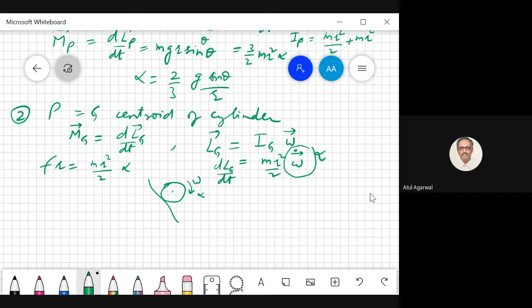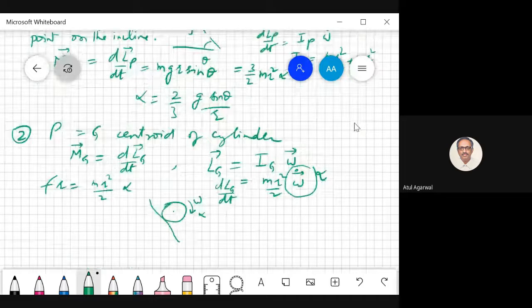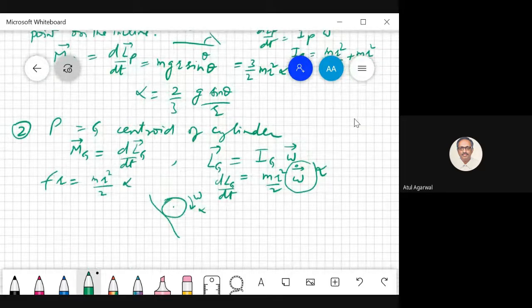As it rolls down, this is a frictional force. Now, you have to see, is the direction of frictional force all right?